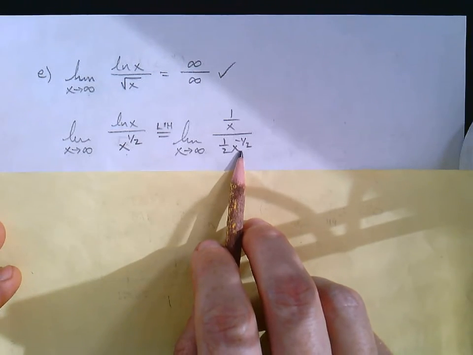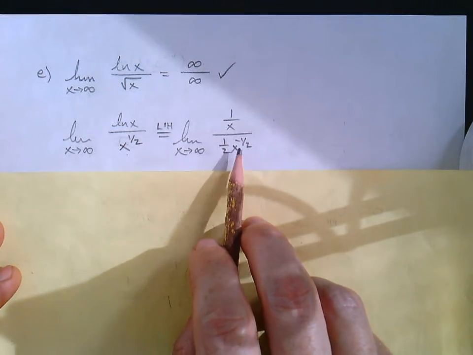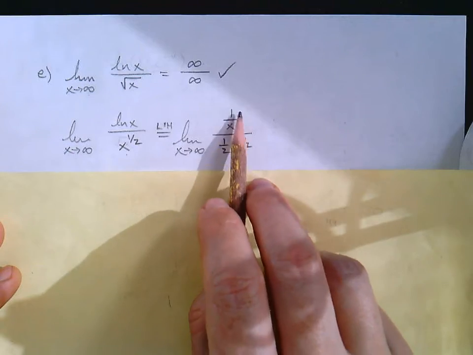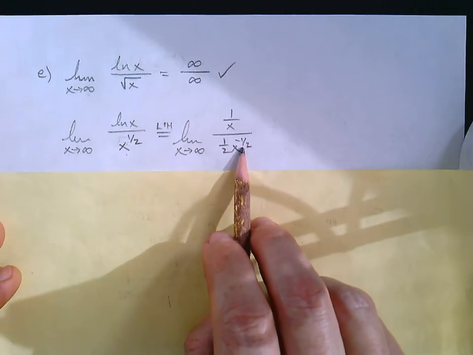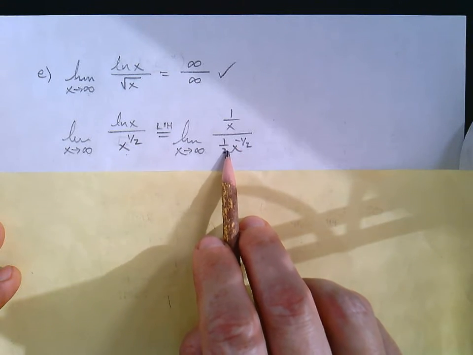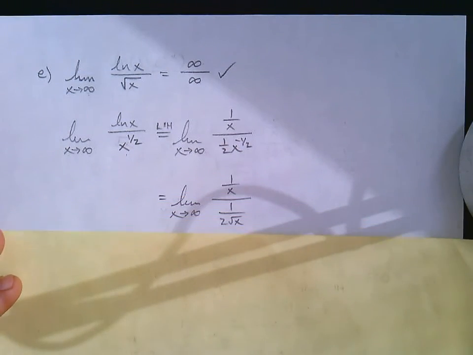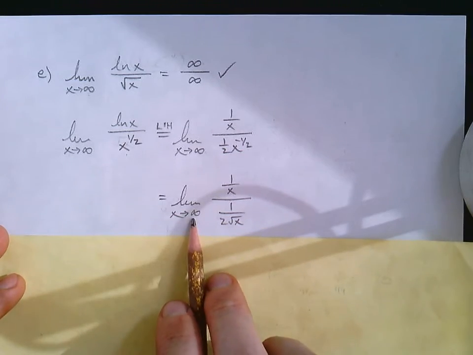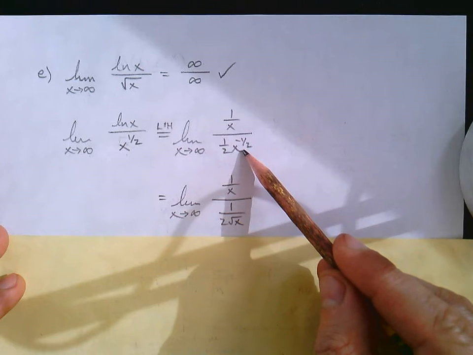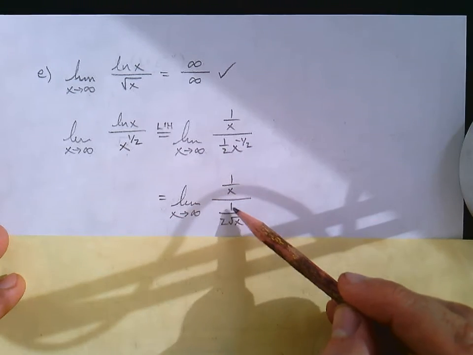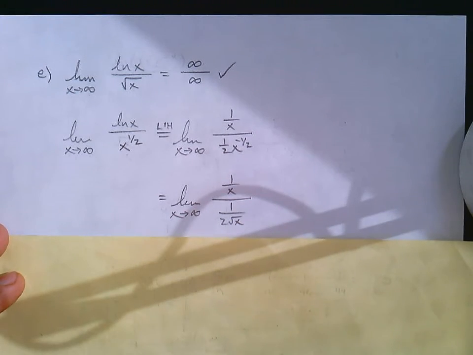Okay, so here's how I'm going to go about it. We have a fraction here. Let's think of this whole thing as a fraction. Let's think of that negative exponent as in that denominator with the 2. So I'm going to write it this way. Limit as x approaches infinity. Keep the 1 over x, and think of that denominator, 1/2 x to the negative 1/2, as 1 over 2 square root x. Okay.